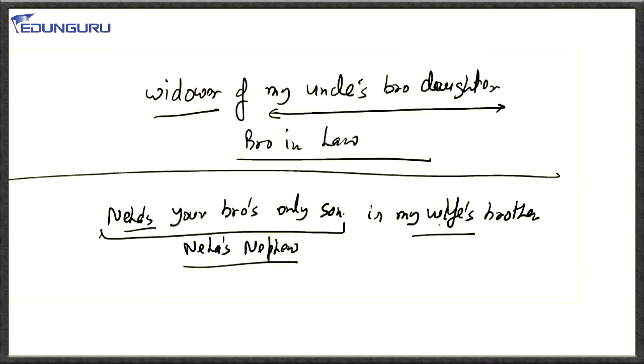So, that means my wife is niece of Neha, right. It means Neha is aunt of my wife, which is what the question is asking, right. So, the final answer is aunt. Okay.